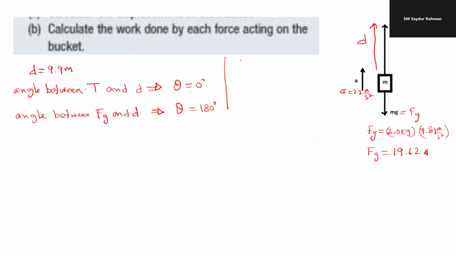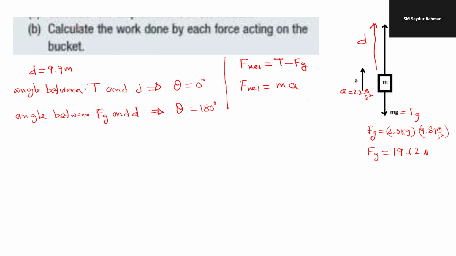To find that, we have to figure out my net force. From the free body diagram, my net force is tension T minus Fg. T is upward, Fg is downward. From the picture, it is clear. Also, from Newton's second law, F net equals mass times acceleration.